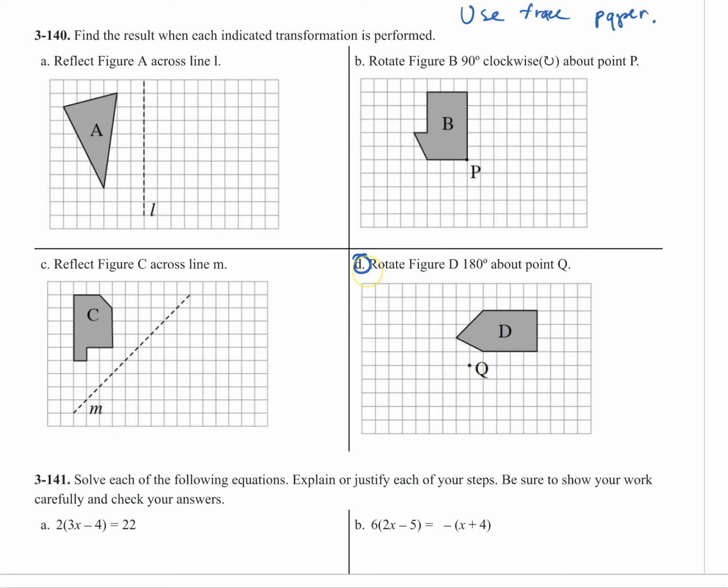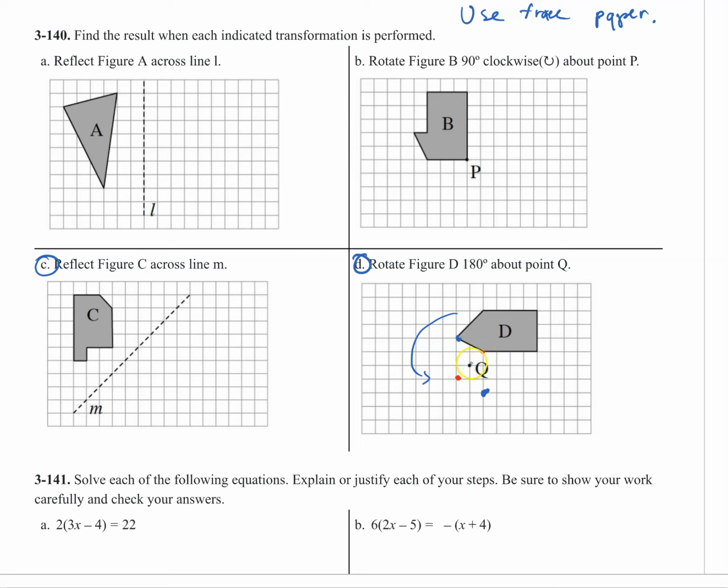So part D, and we'll do C. D, rotate figure D 180 degrees about point Q. This is going to come around this way. That point's going to move down there. And then this point is going to move here.